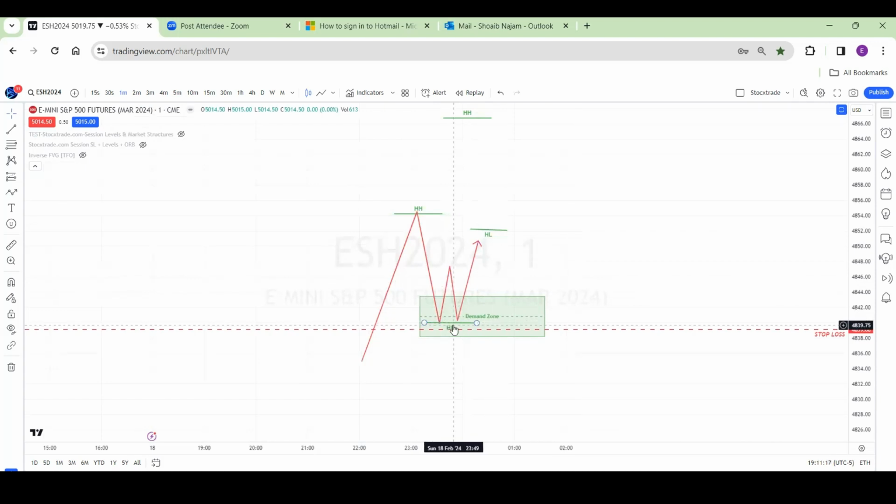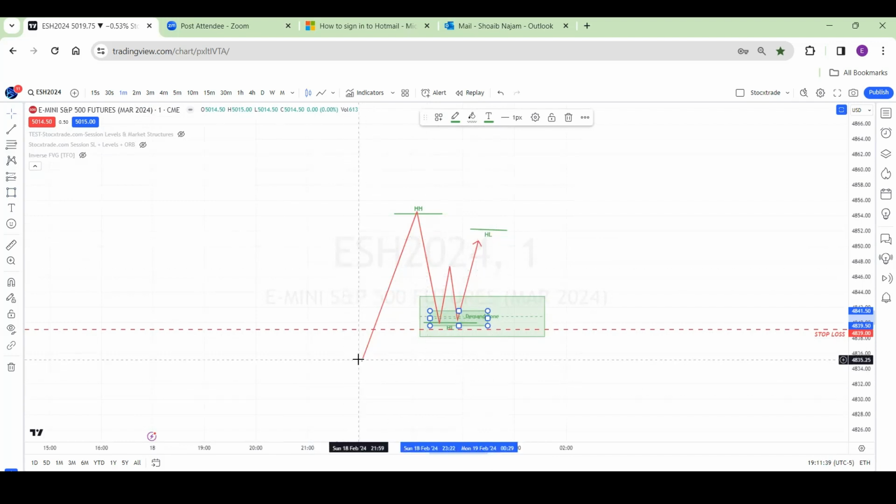Many retail traders will put the entry here. They see there is a demand zone, the last candle before the reversal. So I will enter here and think the market will go up. Yes, because the higher time frame shows it is not breaking the low.